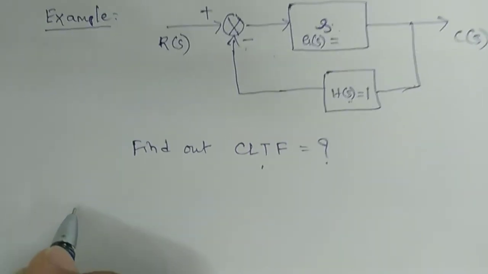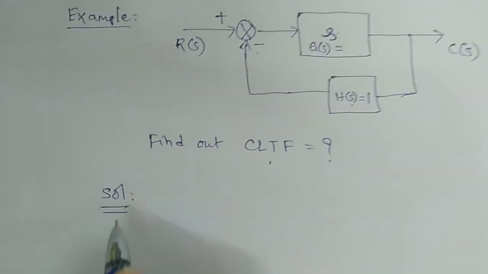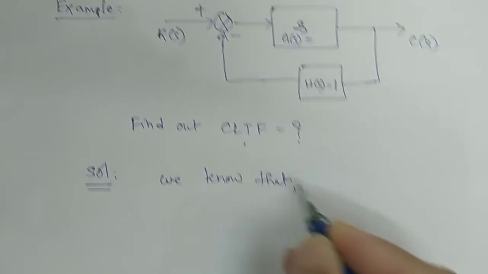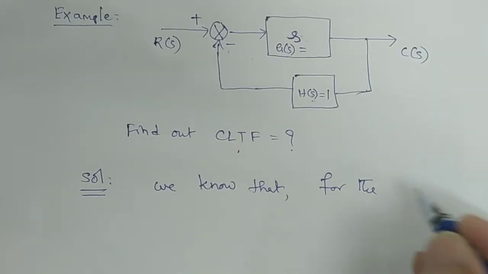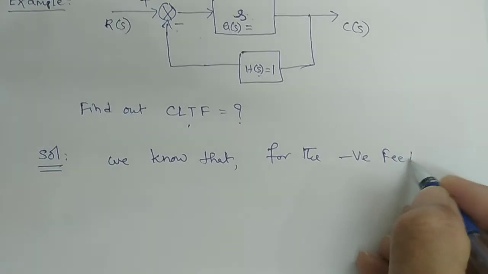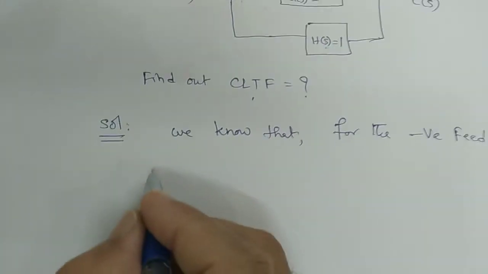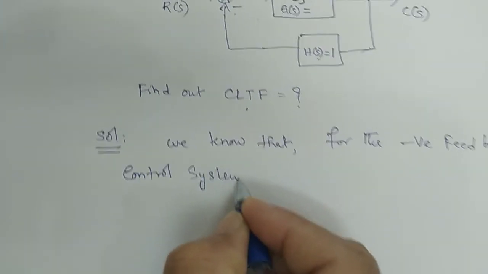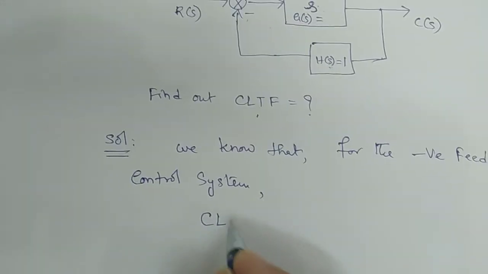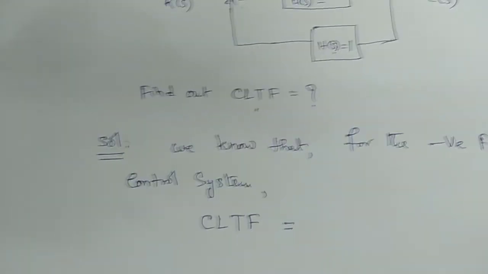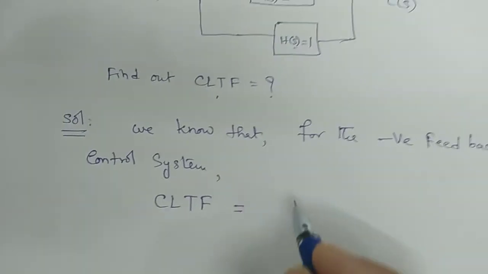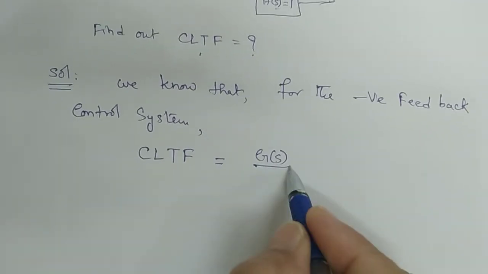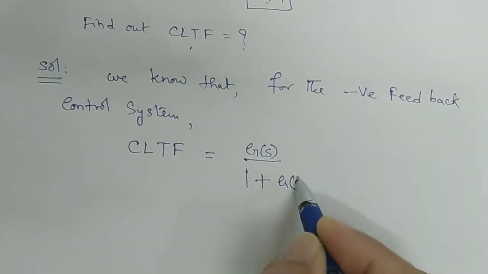Solution: we know that for the negative feedback control system, the closed loop transfer function is given as G of s by 1 plus G of s into H of s.